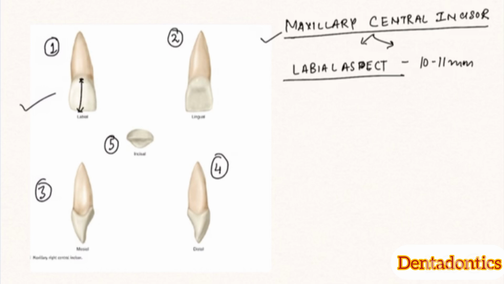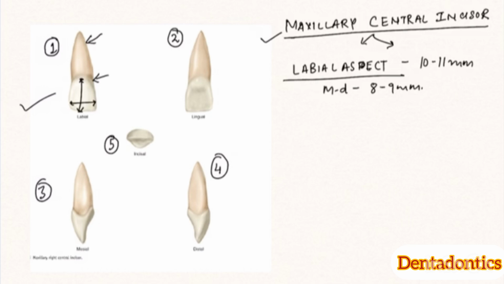And the mesiodistal dimension, that is the greatest width from the mesial aspect of the central incisor to the distal aspect, will be 8 to 9 mm at the contact area, whereas at the neck of the tooth it will be 1 to 1.5 mm less than the actual mesiodistal dimension.